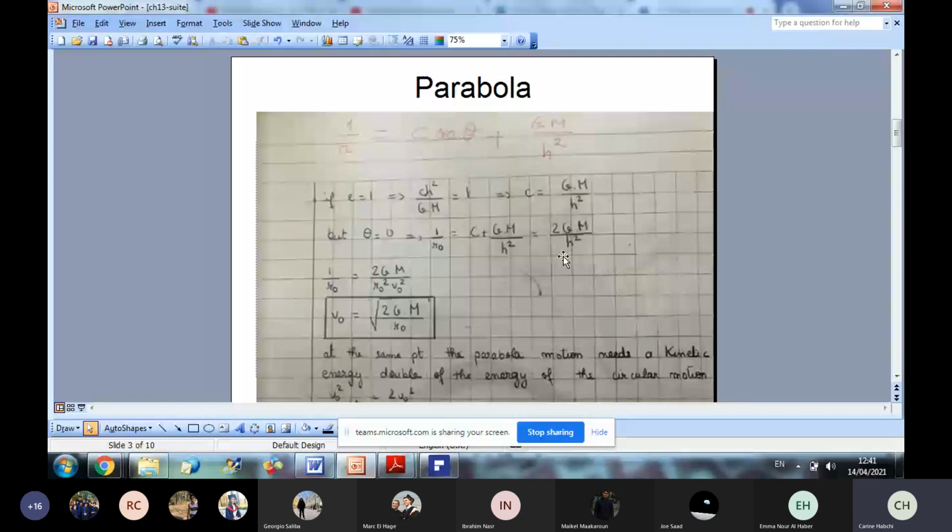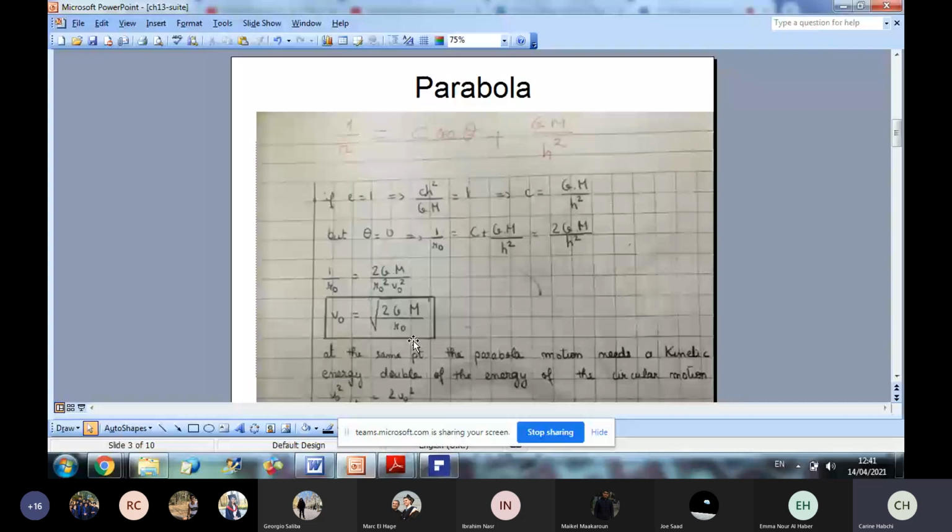Okay, and then from this relation here, we can see that to obtain a parabola, I should have that v0 is radical of 2gm over r0. So you can see from here that if you eject with v0 equal radical gm over r0, you obtain a circle, and this corresponds to an eccentricity of 0.